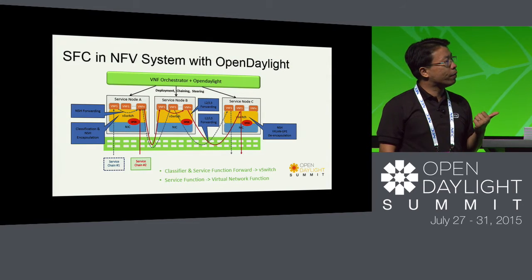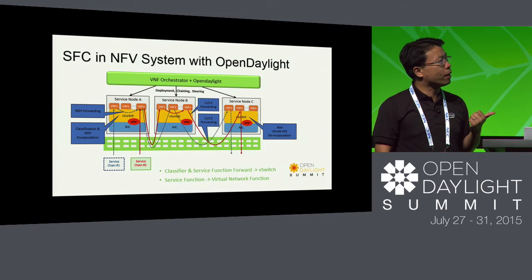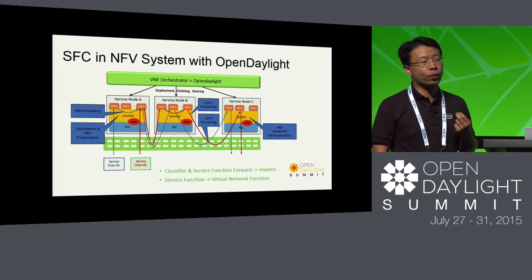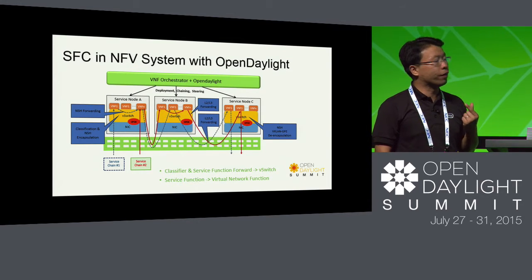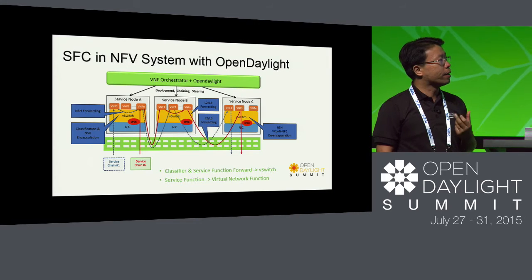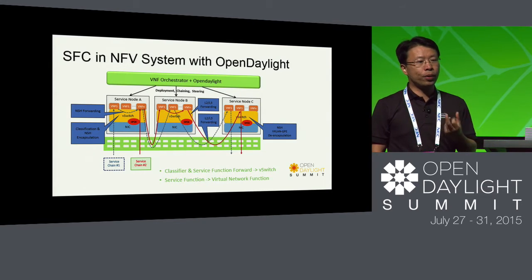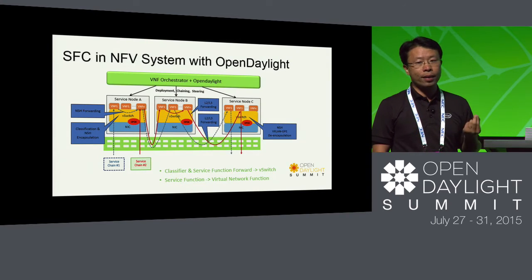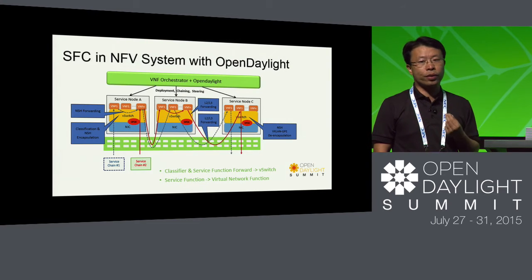So the functionality that the VNF orchestrator provides is basically two things. First is to define a VNF, not just define an image name. It also needs to specify the functionality of this VNF, the vendor information, the CPU type, hypervisor type, as well as how many resources are required.